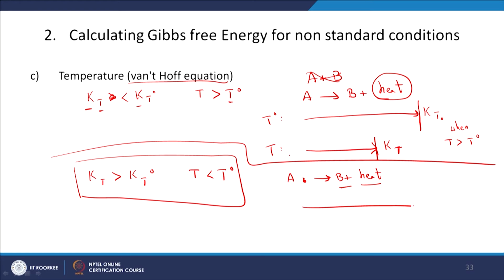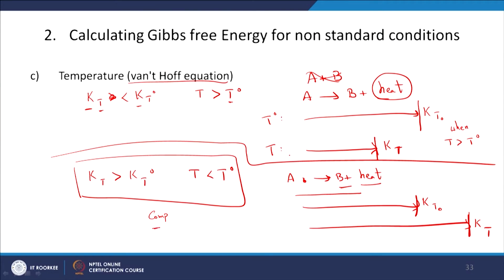So instead of it going till KT naught, now the equilibrium is going to shift to the right, because you have lesser temperature. So here you are going to have KT greater than KT naught and the equilibrium is going to shift to the right. If it is an endothermic reaction, you can do the relevant calculations and check accordingly. So we are done with composition and we are done with temperature.